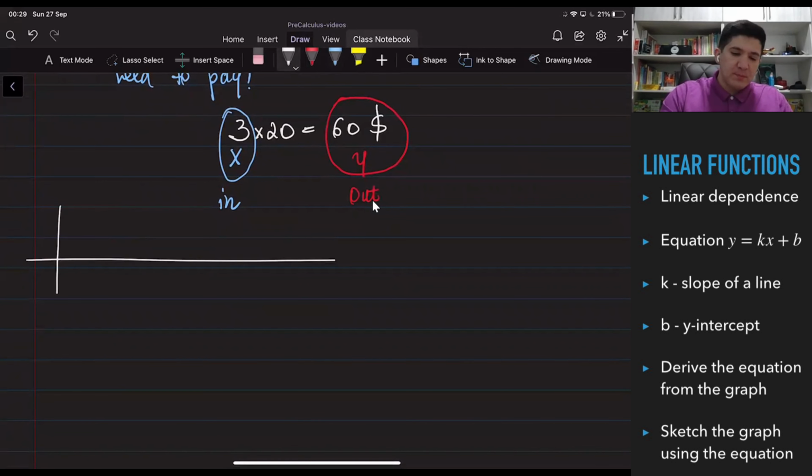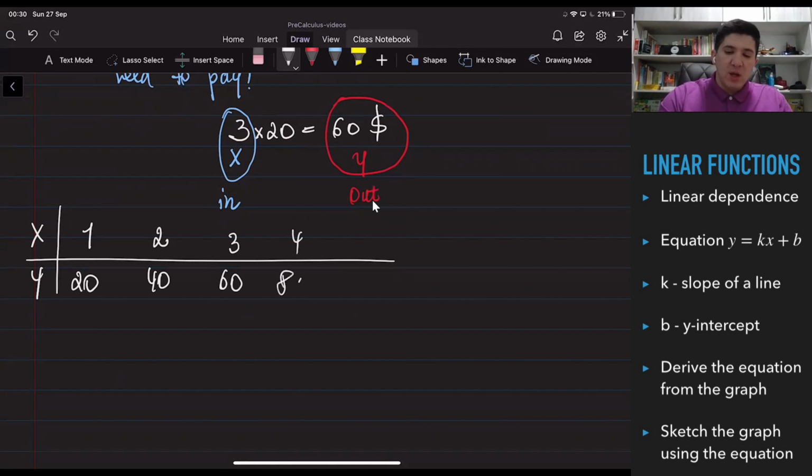So this is going to be x, the number of nights which I would like to stay in the hotel, and y is going to be the price which I need to pay. If I stay 1 night, I pay $20. If I stay 2 nights, I pay $40. 3 nights, $60. 4 nights, $80. 5 nights, $100, and so on.